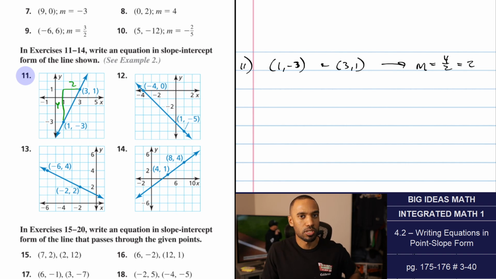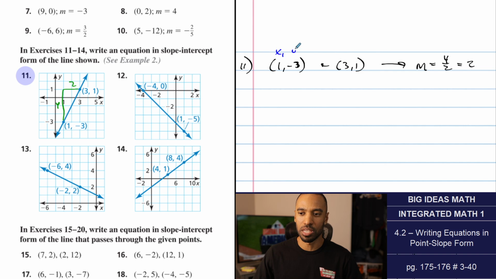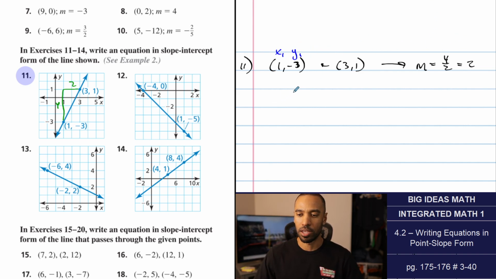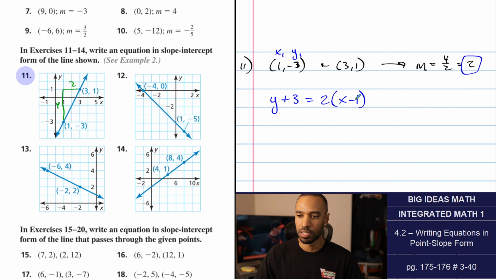Now we are at the same stage as we were for any other problem we've had. If we choose this as our (x1, y1) for our formula, then we can write an equation that says y minus y1 equals m times (x minus x1). Here's the point-slope formula.